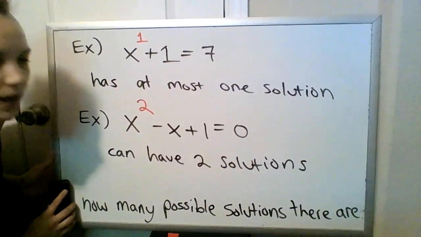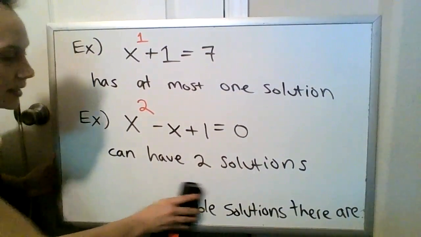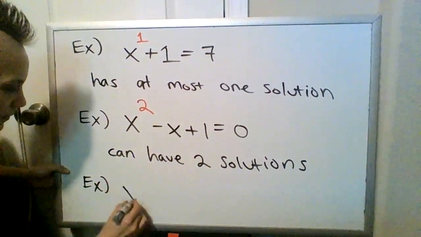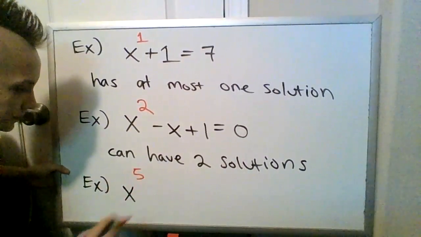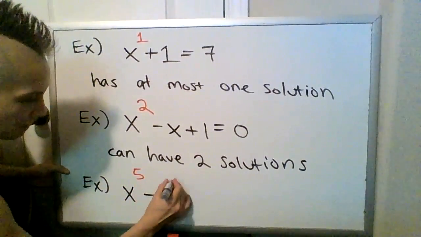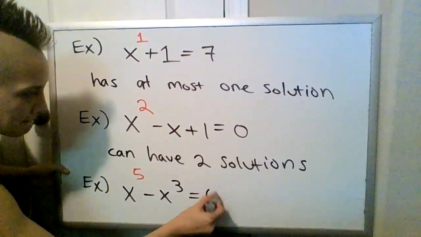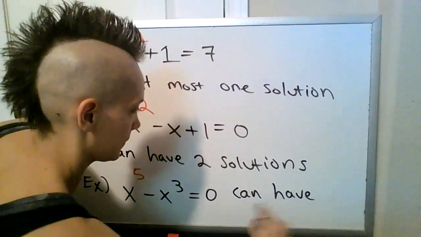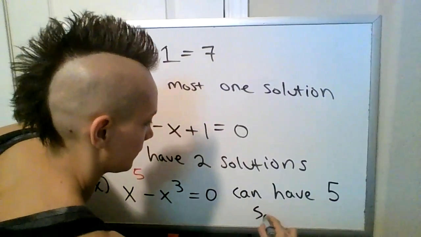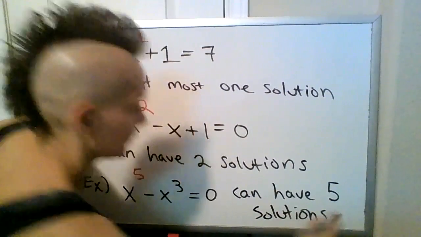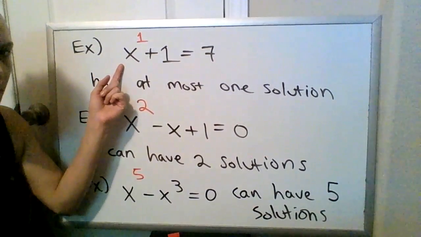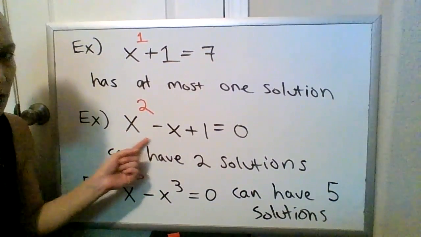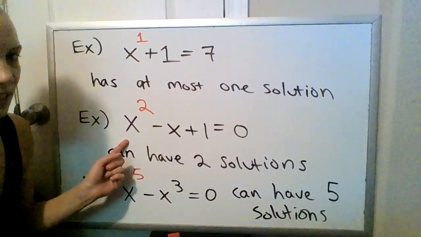If you had a power 5, it's possible to have 5 solutions. Okay, but we're only going to look for solutions to equations like these, which are called quadratic equations. And that's it.